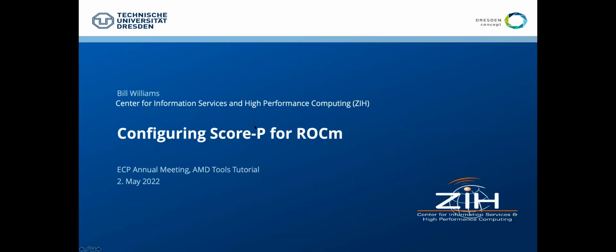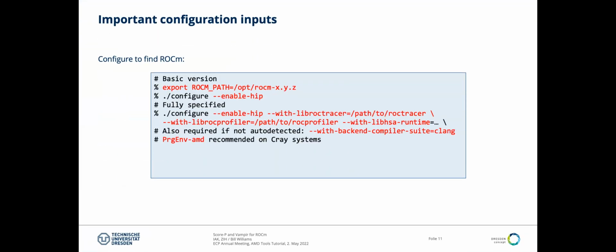Okay. If we're going to have SCORE-P work on ROCm, as many of you guys know, SCORE-P needs to be built for a particular toolchain so that we build the right set of adapters for the code that you're trying to build. So the configuration inputs that you're going to want will respect ROCM_PATH in your environment.